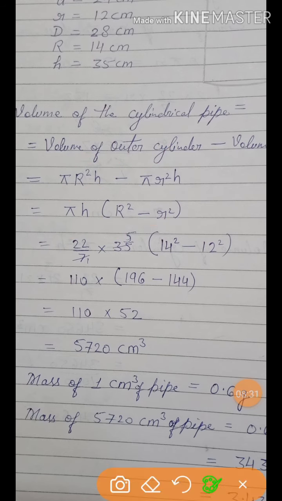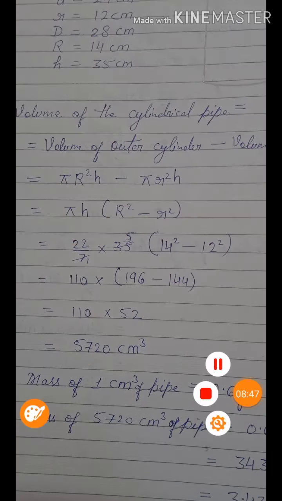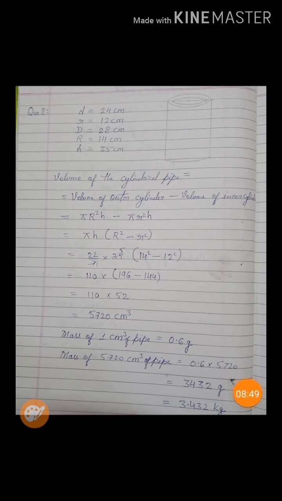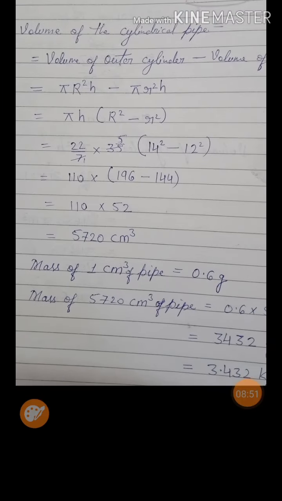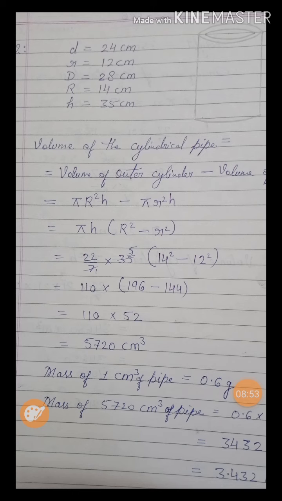So put the values now. Pi will be written as 22/7. Height we know it is 35, and put the values of capital R and small r. So we shall get the volume of the cylindrical pipe will be 5720 centimeter cube. It is given mass of 1 centimeter cube of pipe is 0.6 gram.